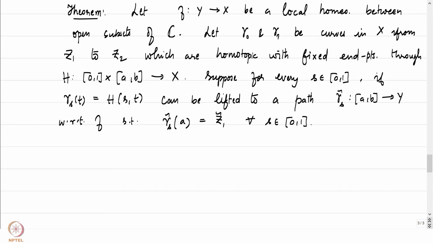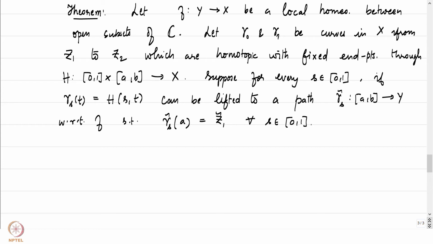That means what we have done is that at every stage gamma s is being lifted. We are given that it can be lifted to a curve in capital Y which originates at the same point z1 tilde. Remember that because this is a lift, z1 tilde has to be a pre-image of z1, where z1 was the initial point of both gamma 0 and gamma 1. So the gamma s are all special.